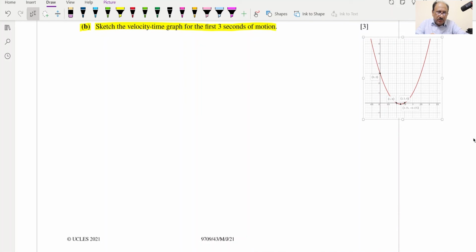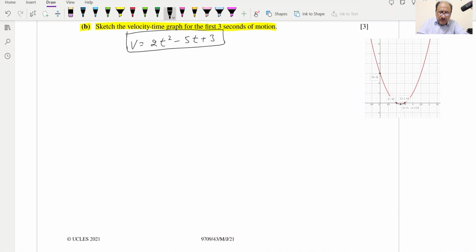We can write down the equation, which is V is equal to 2t squared minus 5t plus 3.